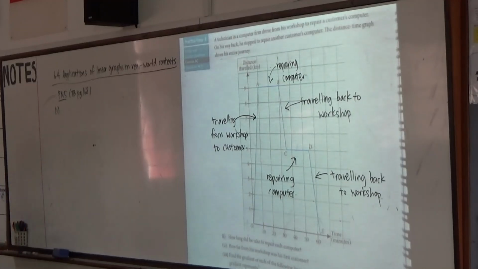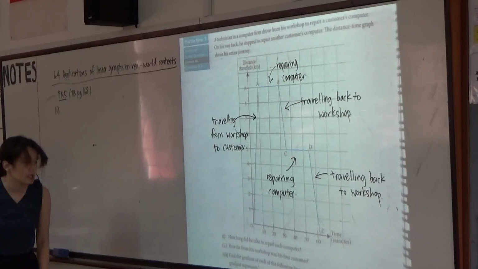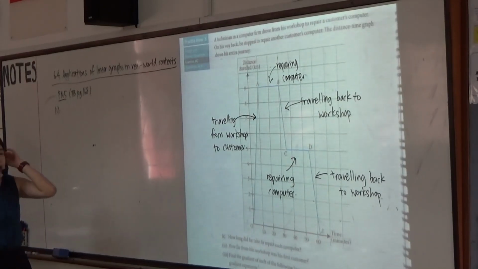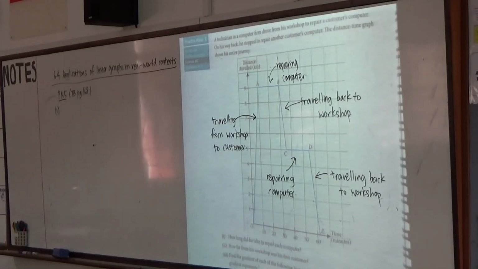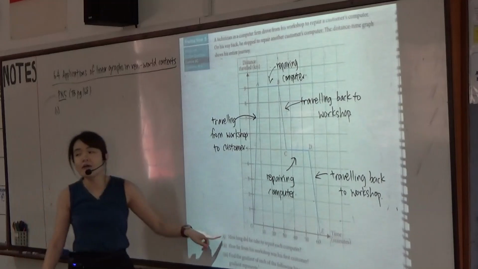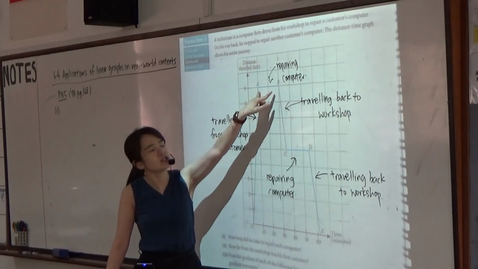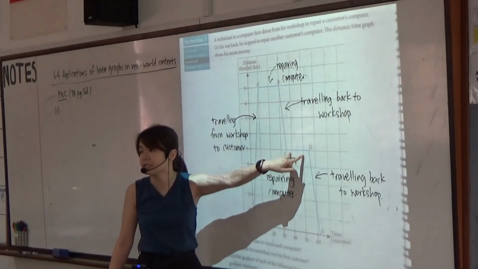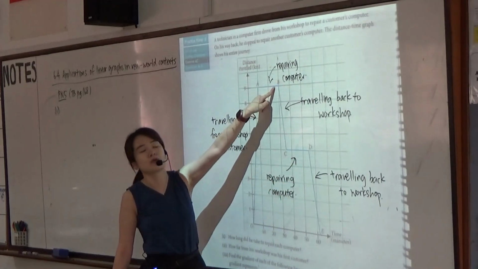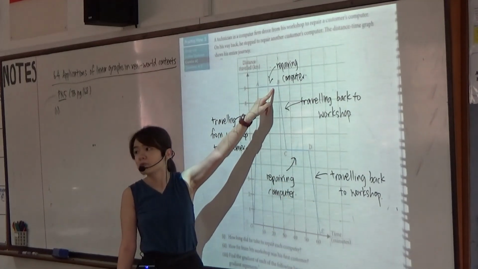Okay, now that we understood the graph, in question part I, it says, how long did it take to repair each computer? To know how long it took to repair, we must figure out that it is these two horizontal line segments that represent the process of repairing a computer.